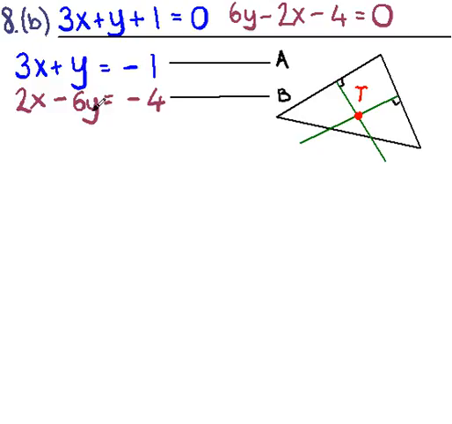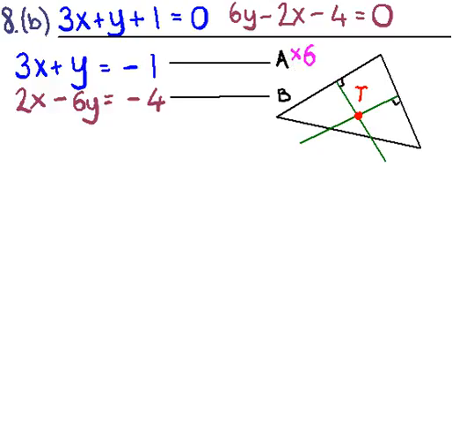And now what we want to try and do is either eliminate the x's or the y's. So in order to do that, we're going to have to either multiply one or both equations. Probably the easiest way to do it is to multiply equation A by 6. That will give us 6y in here, and then that will allow us to eliminate the y's. So equation A, we're going to multiply by 6.